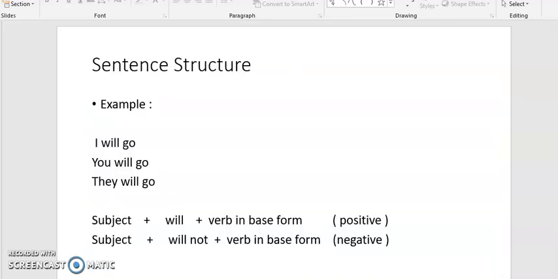Next, let's look at the sentence structure. As an example, I choose the verb go. Okay, look at this one. I will go. You will go. And they will go.